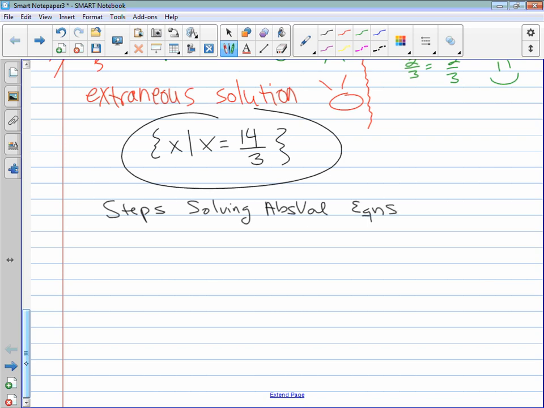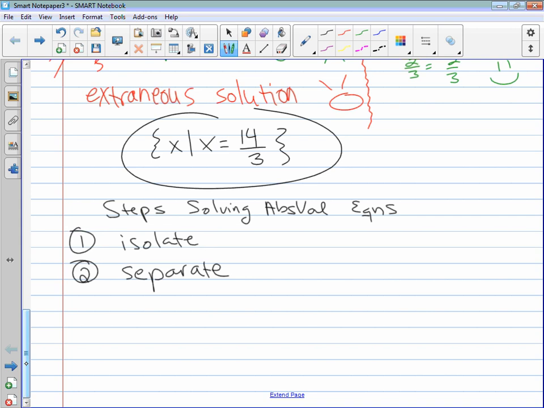Step number 1. You need to make sure that the absolute value is by itself. So I call that isolate. You need to isolate the absolute value. Don't go splitting it up into 2 equations yet. That's step 2, to separate into mystery box equals the positive and mystery box equals the negative.